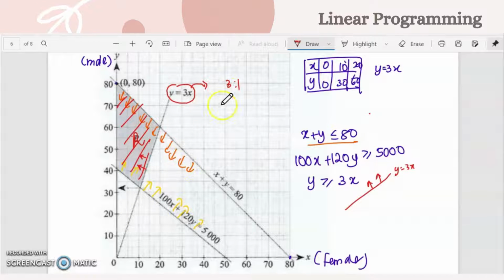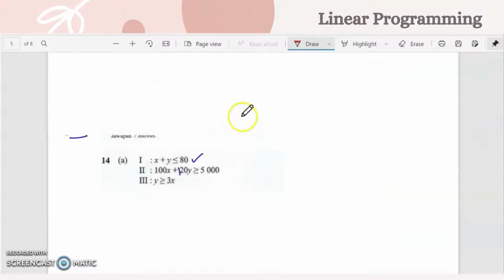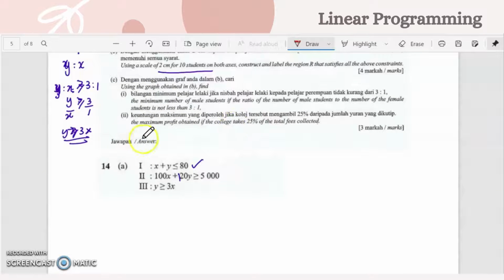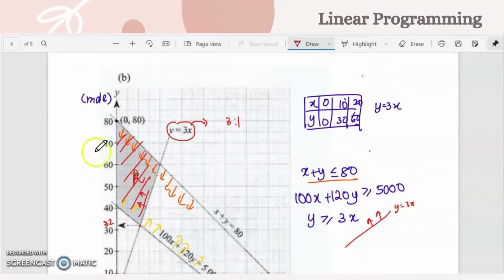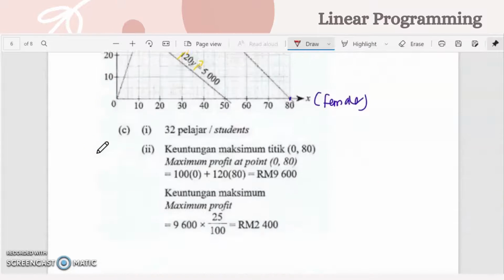So, the minimum value, kita akan tengok pada bahagian bawah sekali. Okay, ini mesti refer kepada region. Bila nak jawab soalan C, everything, point yang akan berkaitan untuk soalan C ni akan berada pada bahagian region. Okay, jadi kat sini the minimum one is 32. That is the minimum value untuk Y, which is the male.